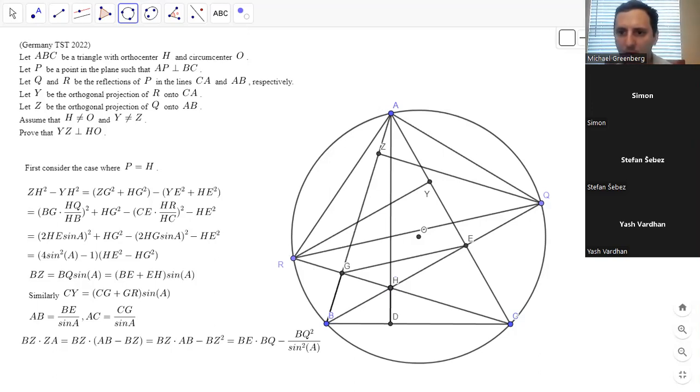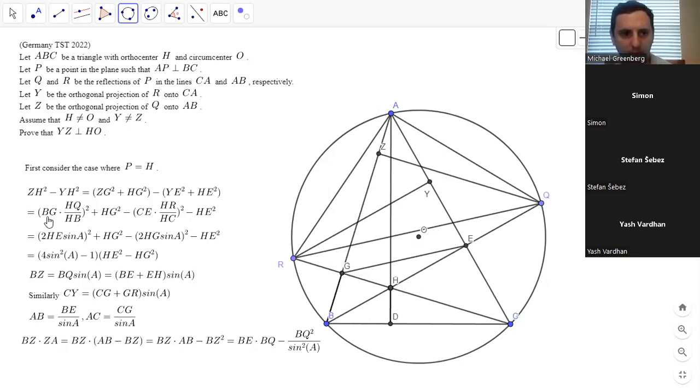Okay. May I ask you in the meantime, how did you get the second line of those equations, the ZH squared minus YH squared, and then the second line? How did you get from the first one to the second one? Oh yeah, the first one is the Pythagorean theorem, right?